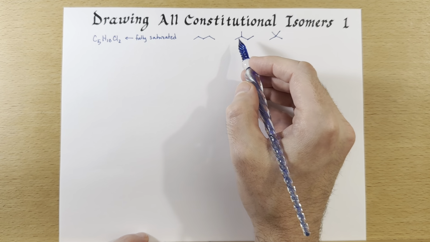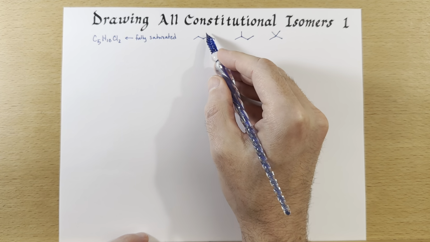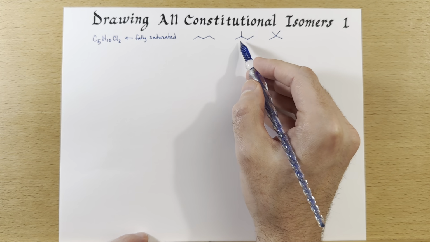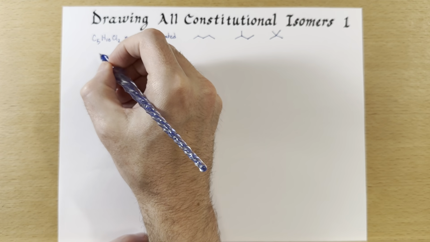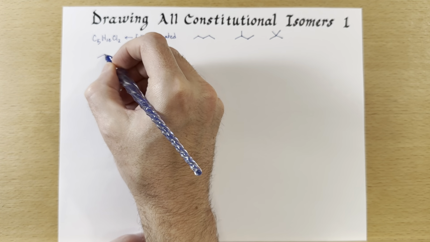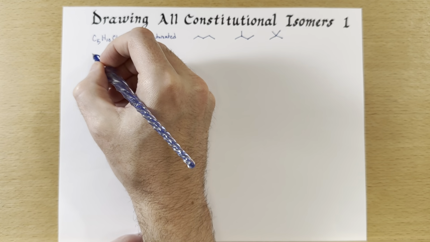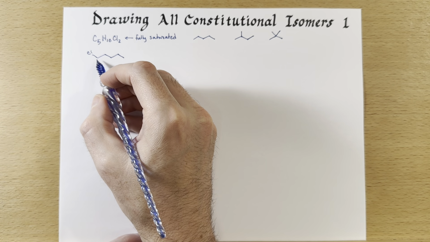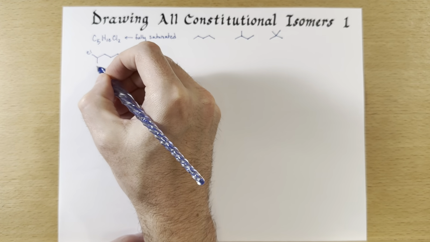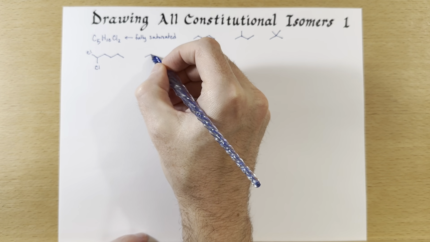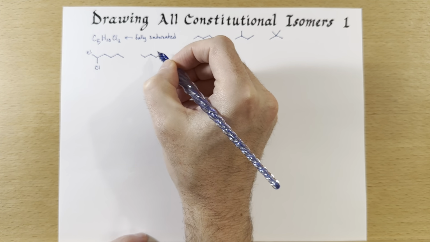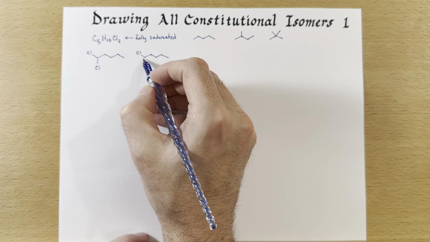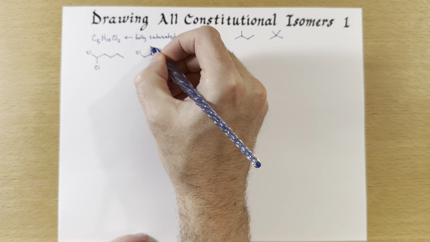But I added chlorines onto this. And so now we have to put 2 chlorines on this structure and look at all the possible ways that we can do that. We'll start with the straight chain, then we'll move on to the branched ones. So to systematically do this, I'm going to start by putting one of the chlorines on carbon number 1. And I will put the second chlorine on carbon number 1. In the next structure, I will keep one of the chlorines on carbon number 1, and then I will move the second one to carbon number 2.